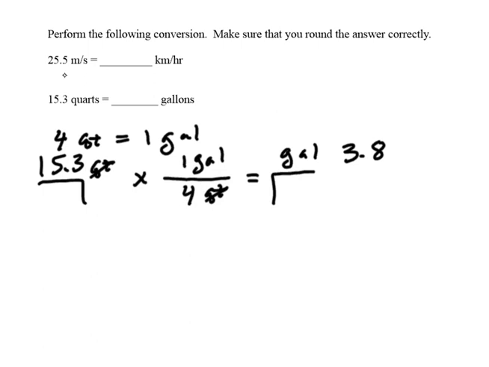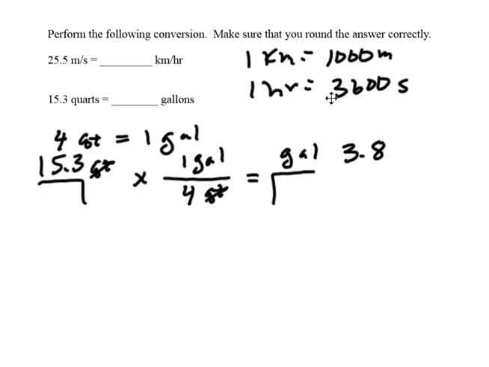The next one, 25.5 meters per second into kilometers per hour. Now there are 2 bridge pieces there. Let me write them here. I know that in 1 kilometer, there's 1,000 meters. And in 1 hour, there is 3,600 seconds. So I know this one has to be a two-stepper because there are 2 conversion factors.